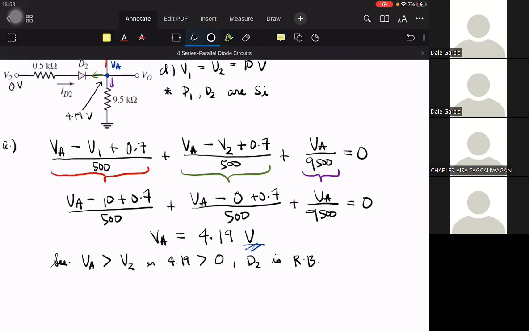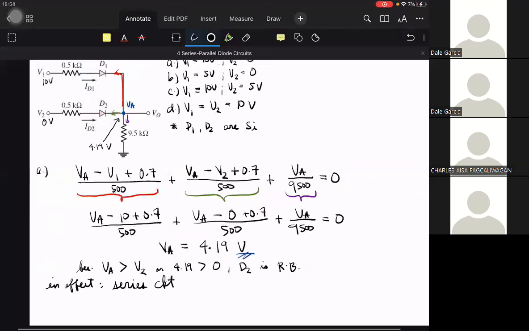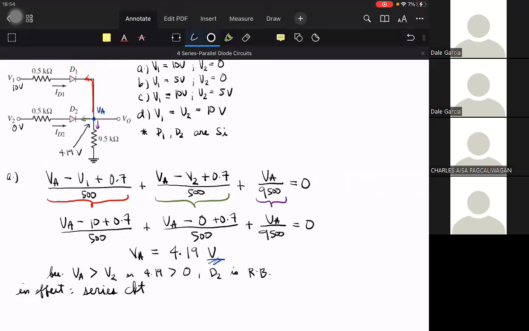In effect, purely series circuit ang atong outcome. Series circuit. So kung mag-KVL equation ta, temporary ra ang 4.19 na answer, di na siya absolute. Okay, mag-recalculate man ta.